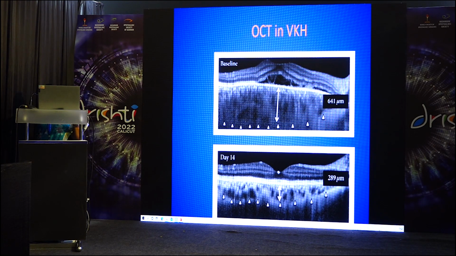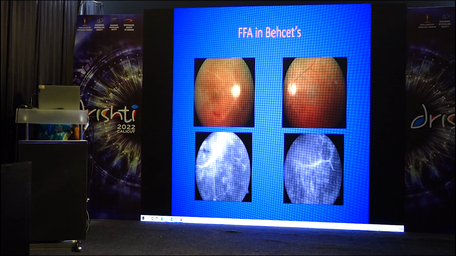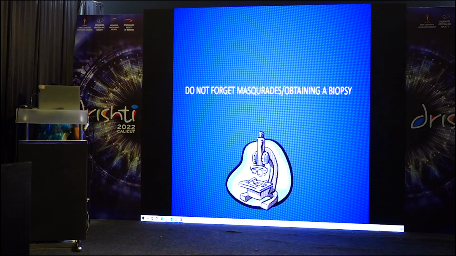Also EDI OCT, a non-invasive modality of investigation, gives an idea about the activity of the disease following treatment. Fundus autofluorescence helps in detecting early recurrence of serpiginous choroidopathy. FFA gives some clues regarding the extent of the disease, like in Behçet's. FFA gives a typical fern pattern, so the diagnosis is easy here.